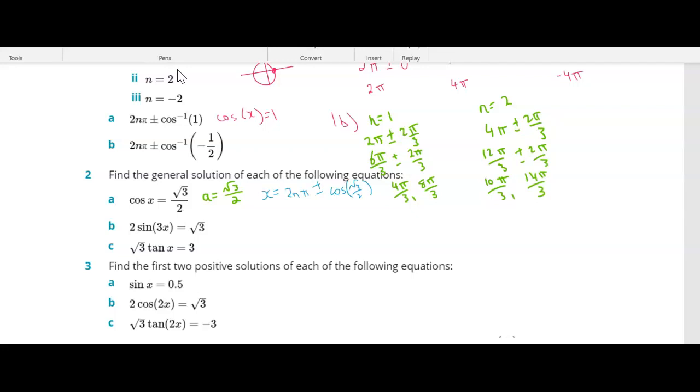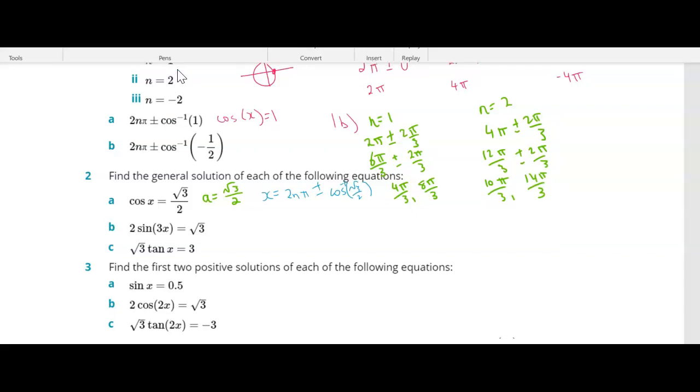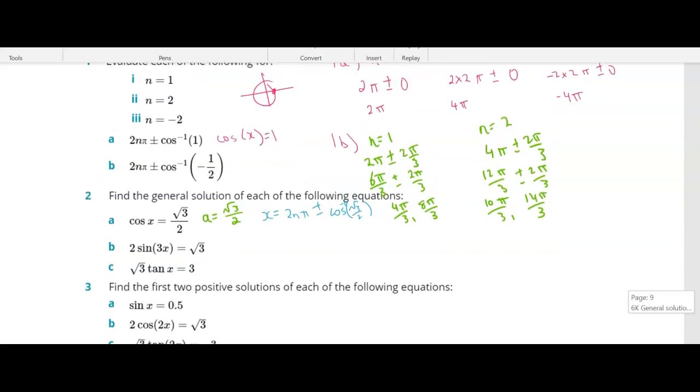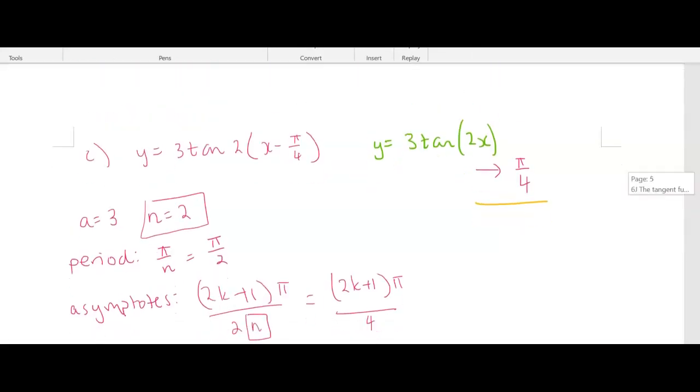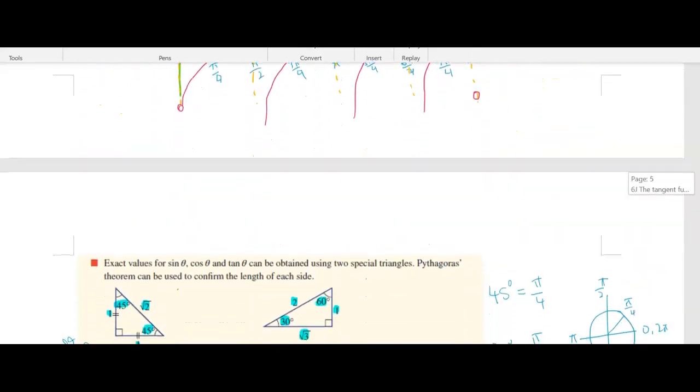Okay, so x equals 2n pi plus or minus inverse cos root 3 on 2. Oops, I forgot the inverse. So we do need the exact value of that. My exact values are here.